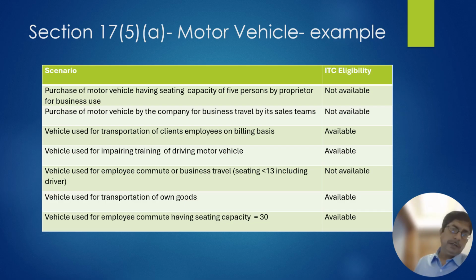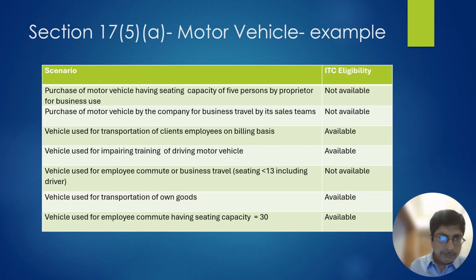Next example, vehicle used for transportation of own goods, or used for client's goods on billing basis. In both these cases, GST credit is available because the restriction is only for the motor vehicle which is to be used for transportation of passengers. In this case, the GST credit is available because that motor vehicle is used for transportation of goods.